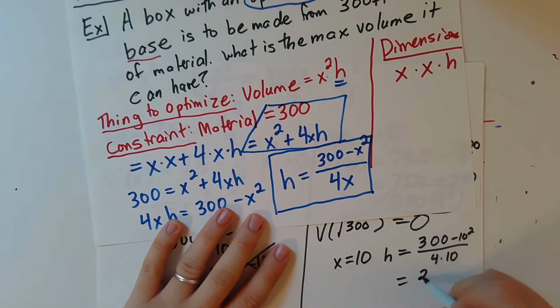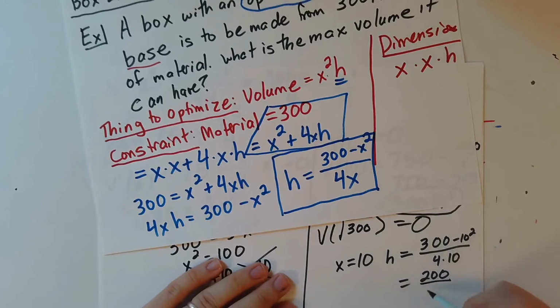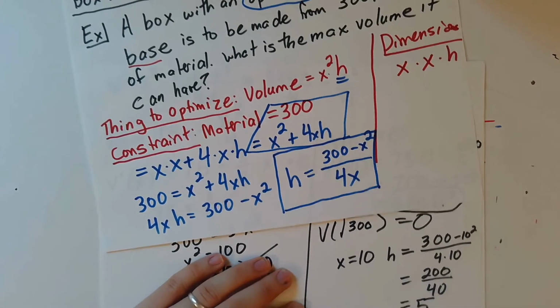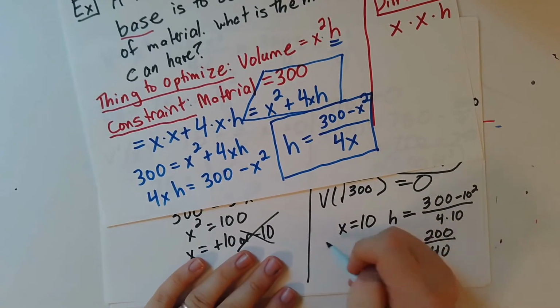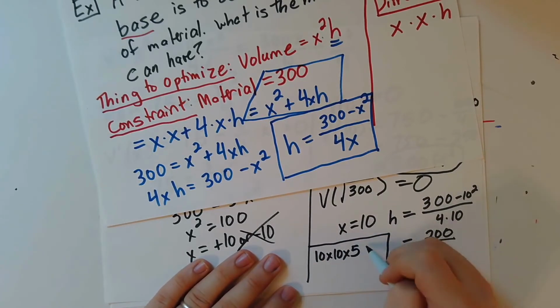So that's 200 over 40, which is 5. And so that means my optimal box is 10 by 10 by 5. Those are the dimensions.